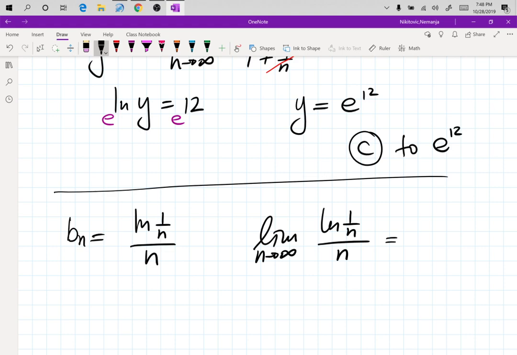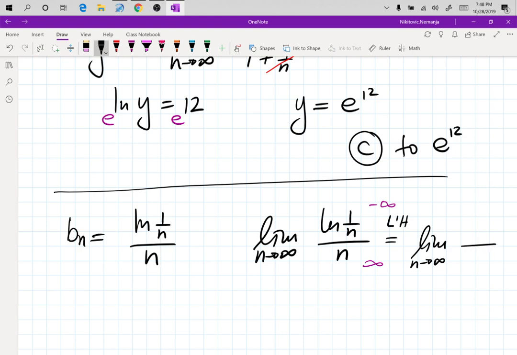So when I plug in infinity, I get ln of 0, which is negative infinity, and then infinity. So I have infinity over infinity, which means that I can do the L'Hopital rule, which is we put this L apostrophe H over the equal sign, and then we have limit n goes to infinity, and now we take our derivatives.